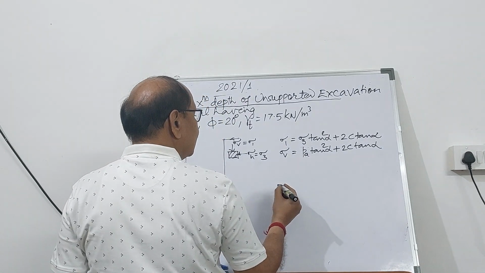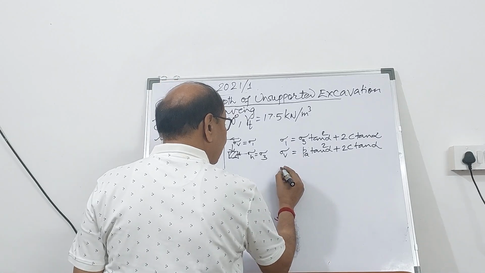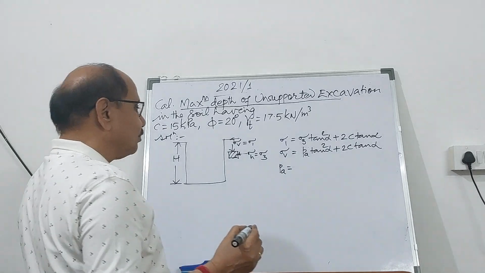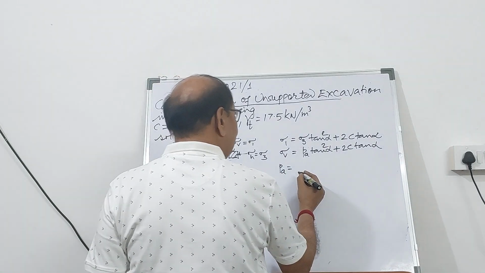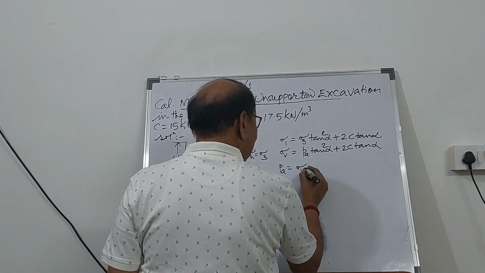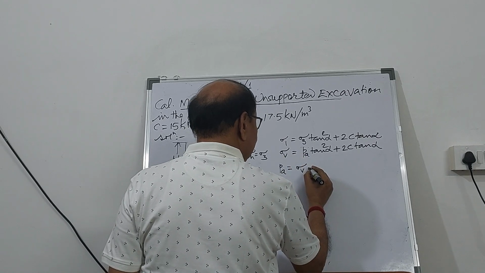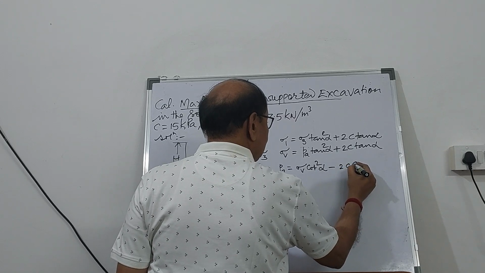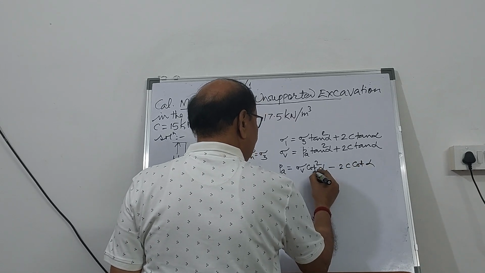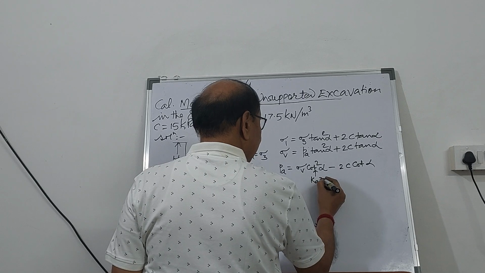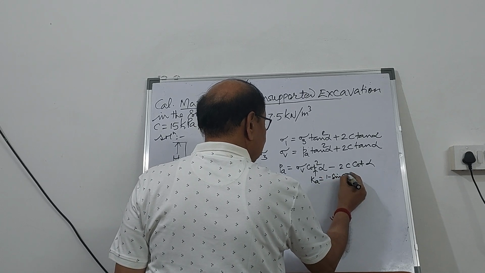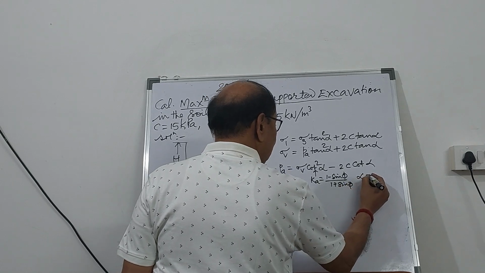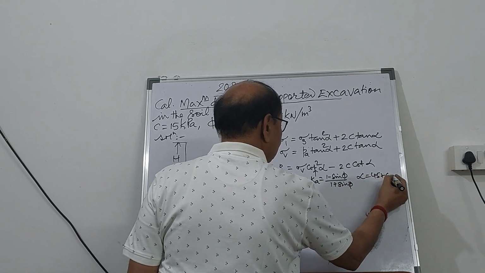So the active earth pressure which is acting is going to be sigma v divided by tan square alpha, that means it becomes cot square alpha minus 2c cot alpha. Now cot square alpha is called coefficient of earth pressure, K, which is equal to 1 minus sin phi divided by 1 plus sin phi, and the value of alpha is 45 plus phi by 2.